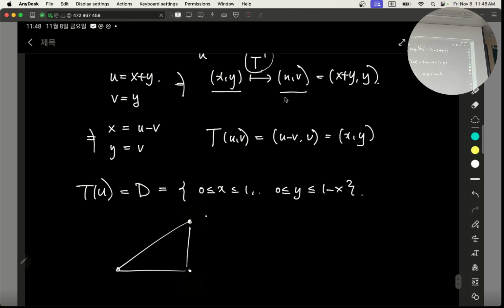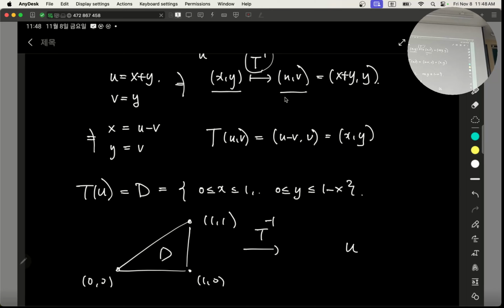So what we need to do is simply take the vertices of the triangular region D. If I take the inverse map of this, I only need to take the vertices, because T is a linear function, so I know that lines go to lines through the linear transformation. All I need to do is take the vertices, see what the vertices map to, and then connect those vertices to get another region.